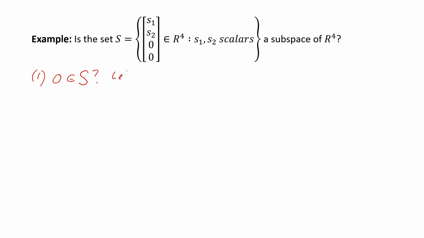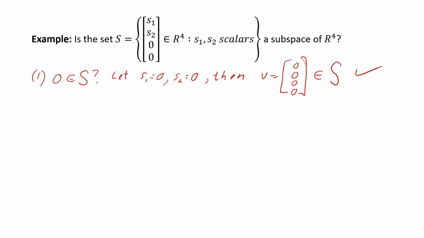Well, if we let S1 equal 0, S2 equal 0, then we have a vector V equal to 0, 0, 0, 0, and that is in S. So yes, the zero vector is in there.